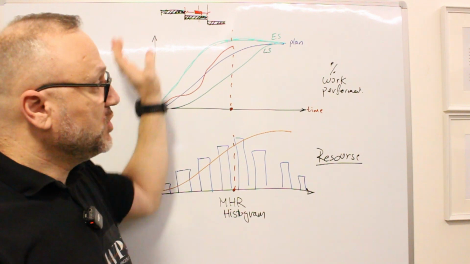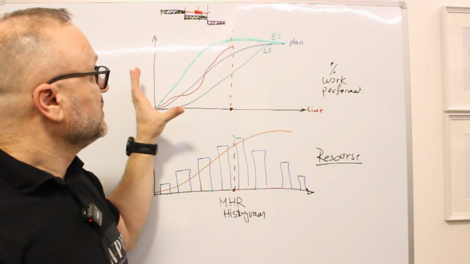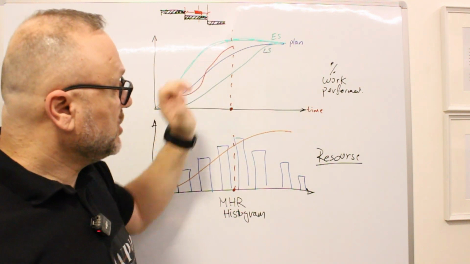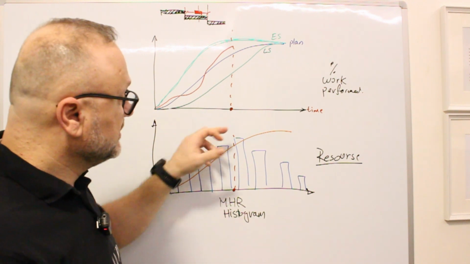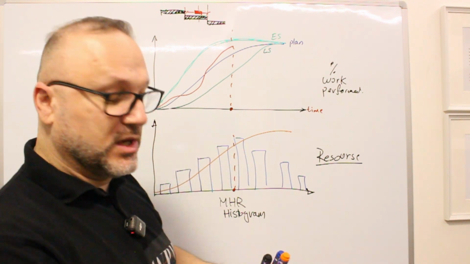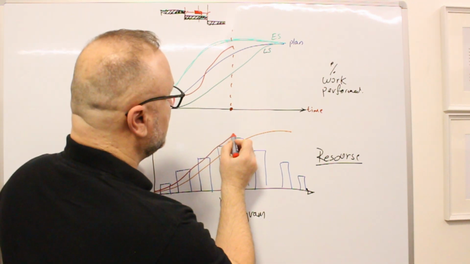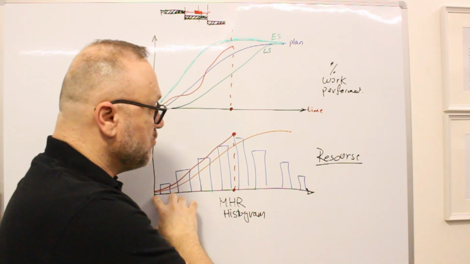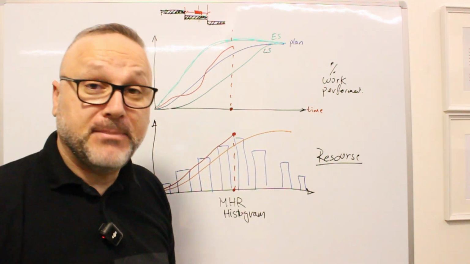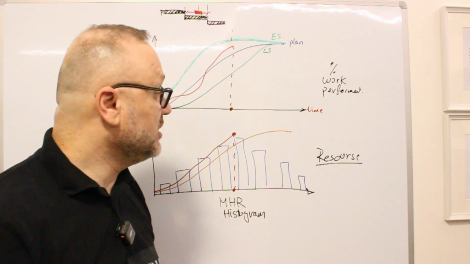This is from your Primavera or from your Microsoft Project. This is your progress, and the actual is somewhere here. The actual man hours are more than the planned man hours. How can you compare this?